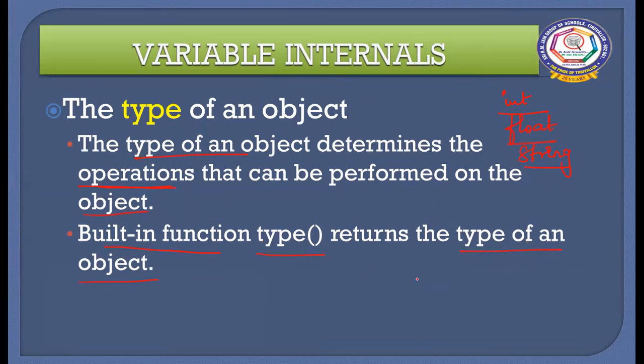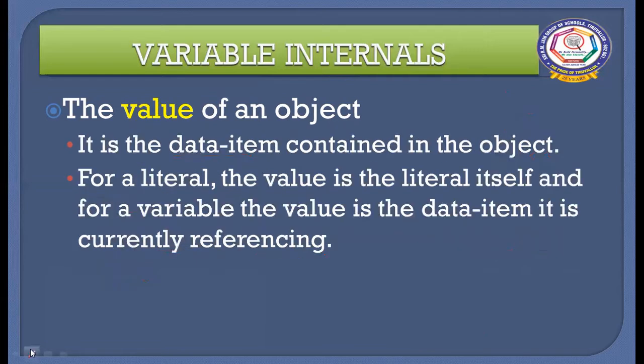Suppose I declare A as 5, then type of A gives me class int. That is, it returns what type of value the object is referencing. The value of an object is the data item contained in the object.